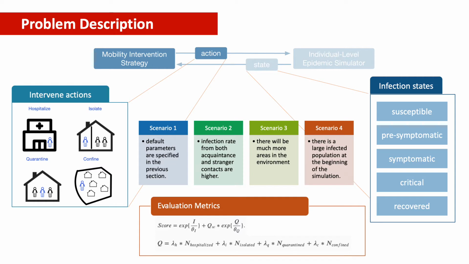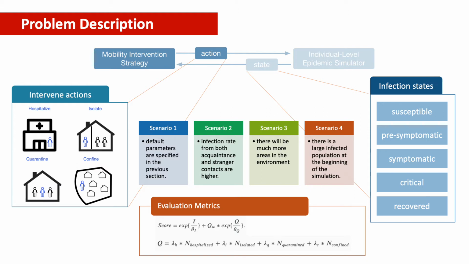Let's go over the environment configuration of the simulator. It simulates human mobility, with one simulation step corresponding to 1 hour in the real world. In the simulator, an individual's health status includes 5 stages: susceptible, pre-symptomatic, symptomatic, critical, and recovered.